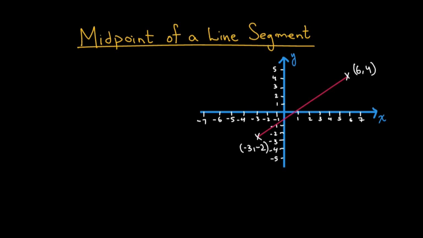Now let's have another example. You have a line segment with end points -3, -2 and 6, 4. So to calculate the midpoint, you will take the average of x and y values. So midpoint m is given by (x1 plus x2) divided by 2, which is the average of x values, and (y1 plus y2) divided by 2.